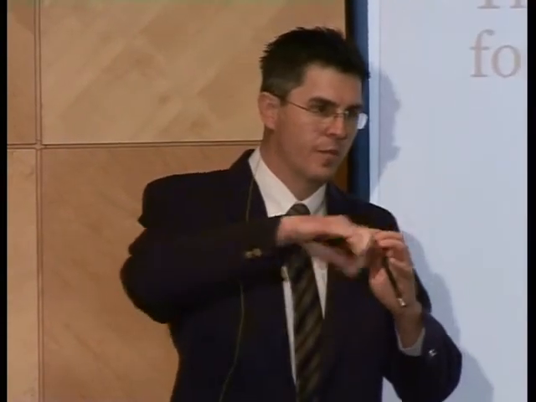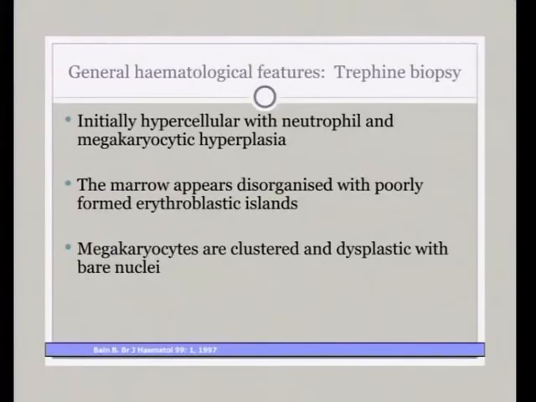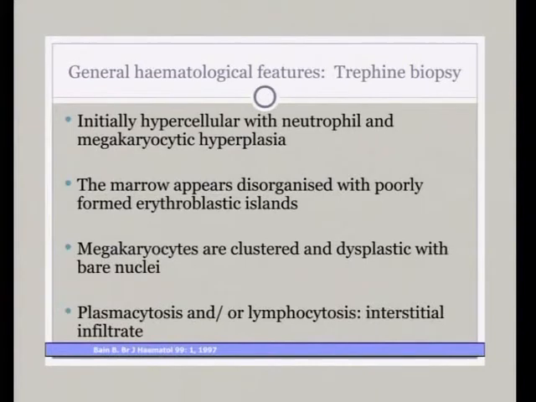And these erythroblastic islands is what I've spoken about earlier: bone marrow macrophages surrounded by these developing erythroid precursors that get fed by it. The megakaryocytes are clustered and they're very dysplastic with bare nuclei, and plasmacytosis and lymphocytes increase. Both of these are increased in an interstitial infiltrate, so diffusely increased throughout the tissue.